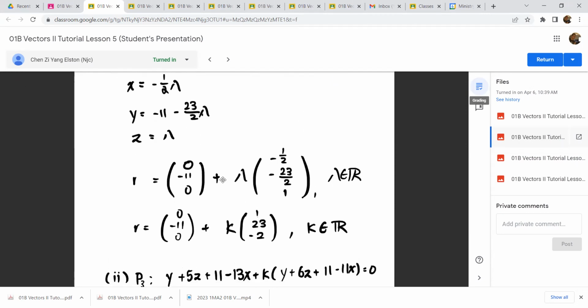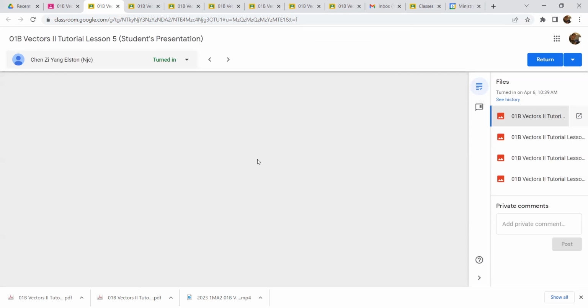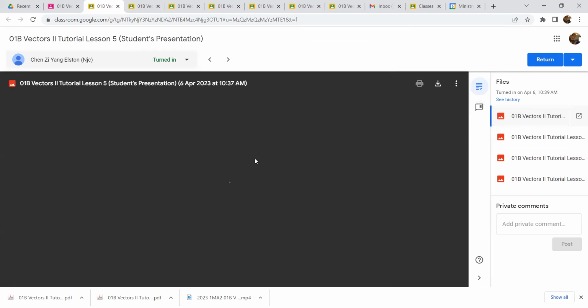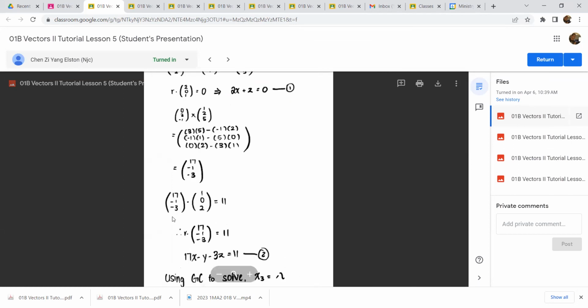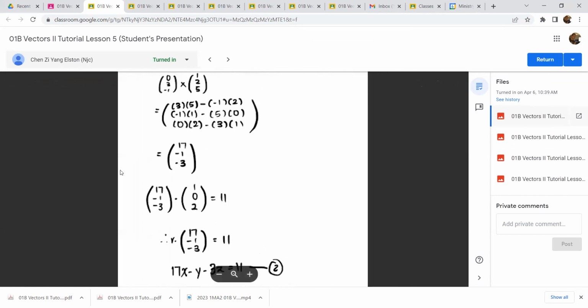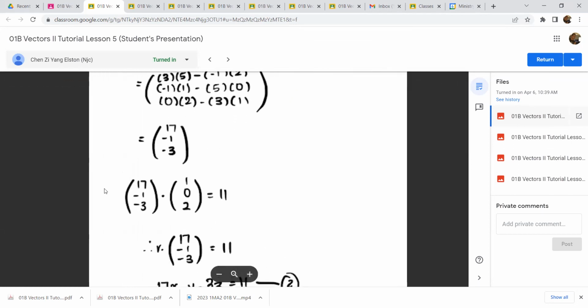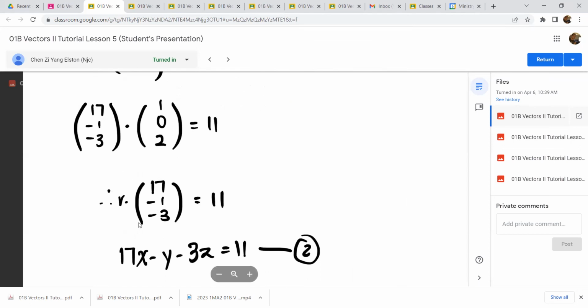Okay, so maybe I just make some comments. Your r with the tilde, lambda, mu in R, right? Then you said rather to find the Cartesian form, which is true. But you actually do it by first going through the scalar product form. There was nothing wrong with you saying that first.